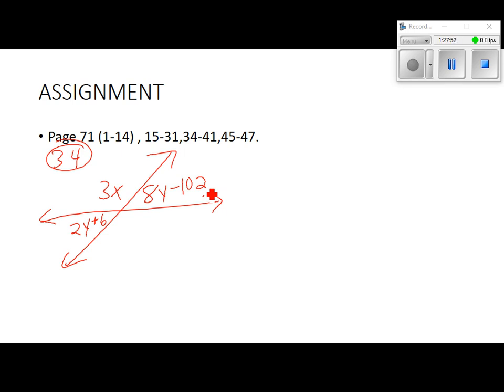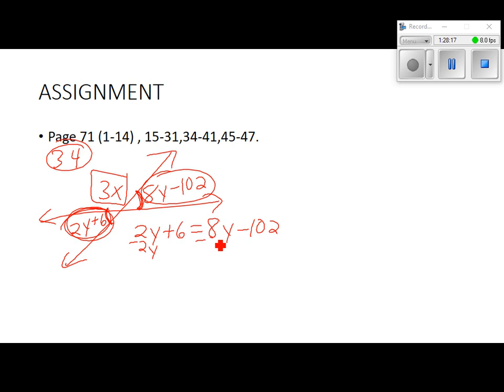On this one, I could set up that this plus this equals 180, but that puts two variables in the problem, so I probably don't want to set that up. The easiest thing to set up is that this and this are vertical angles, so they have to be congruent. So 2y plus 6 has to equal 8y minus 102.